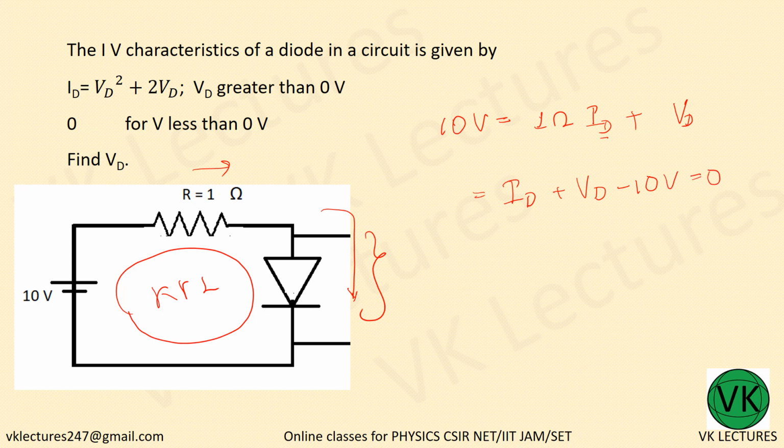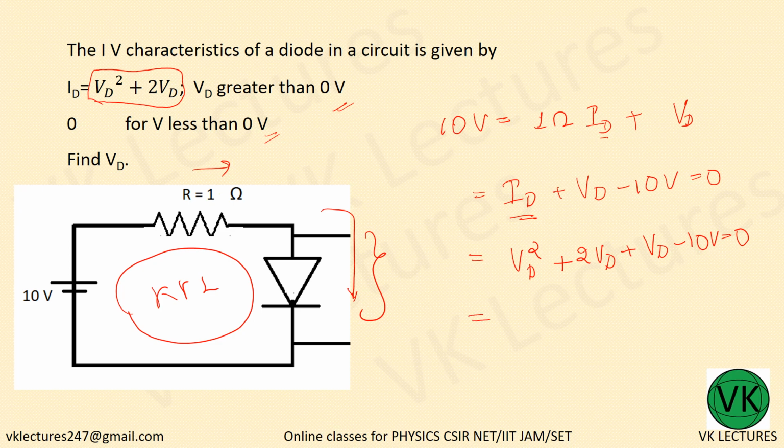Now what is this ID? ID is given as VD square plus 2VD for VD greater than 0 volt. That is just given for reference. Now I am writing it as VD square plus 2VD plus VD minus 10 volt equal to 0.